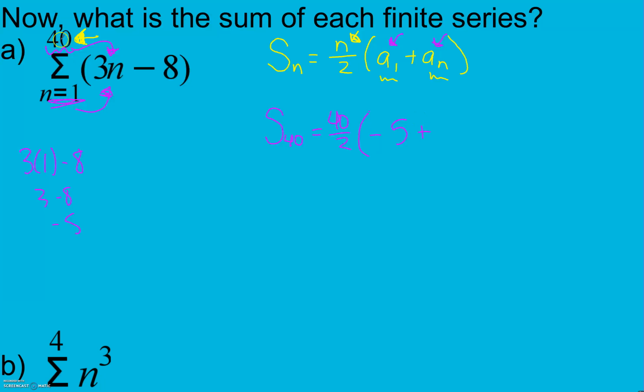Our 40th term, I take 3 times 40 minus 8, 112. So the sum of our first 40 numbers is going to be 20 times 107, which is going to be 2140.